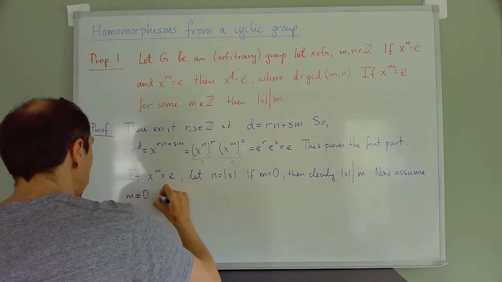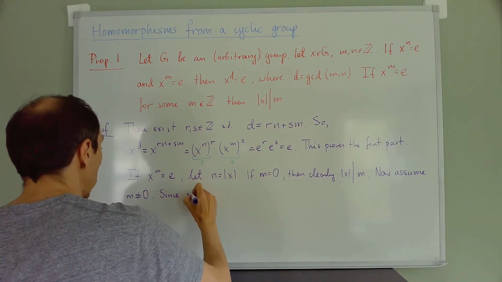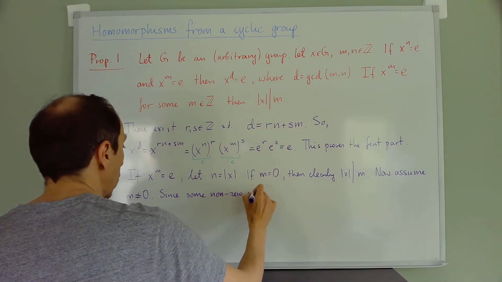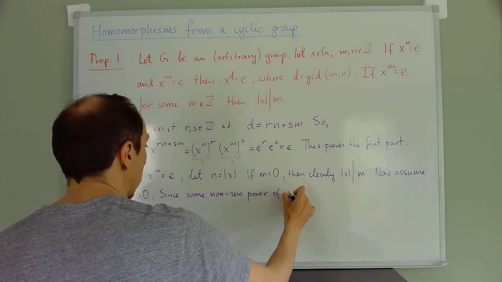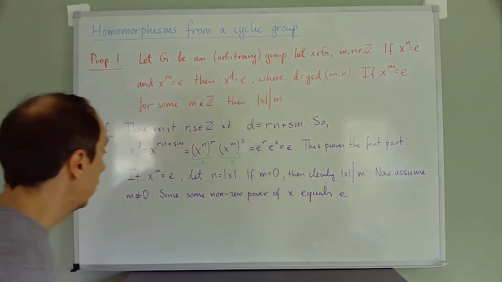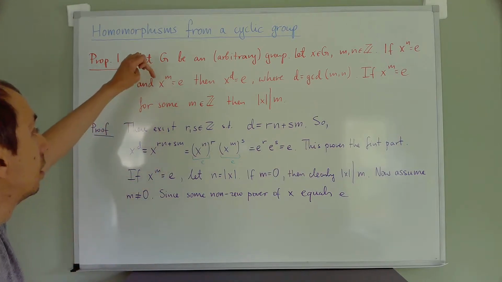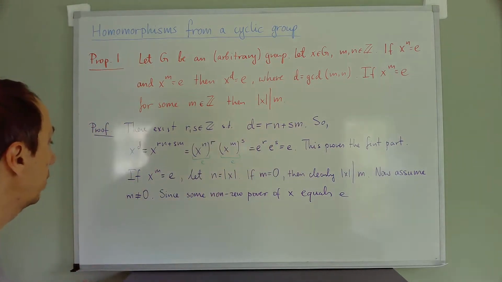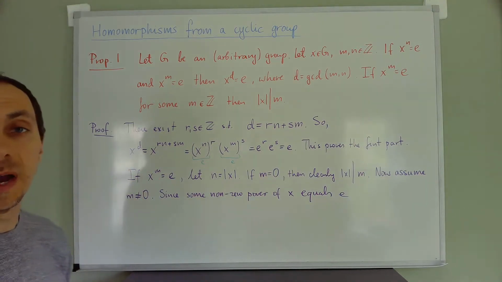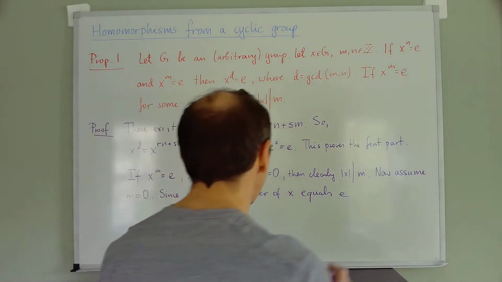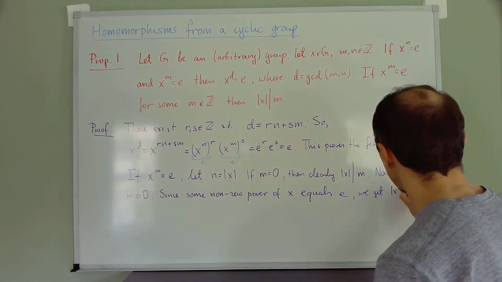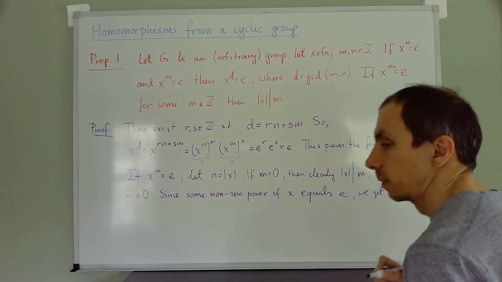So since some non-zero power of x equals the identity, namely x to the m, and m is non-zero, we get that the order of x is finite.